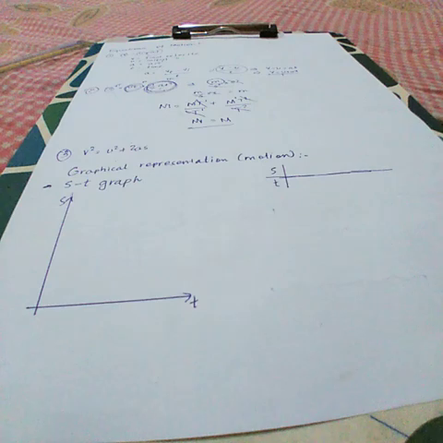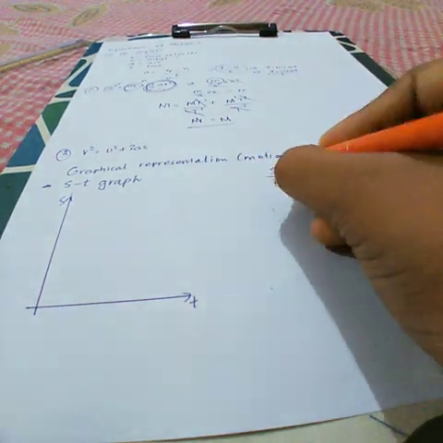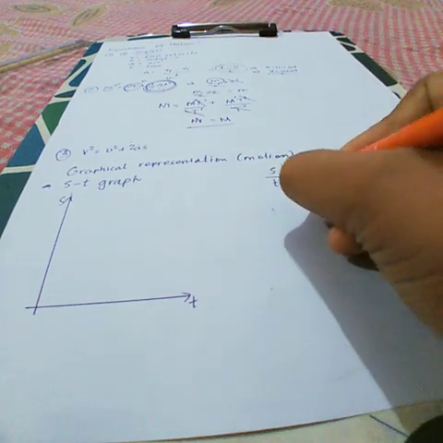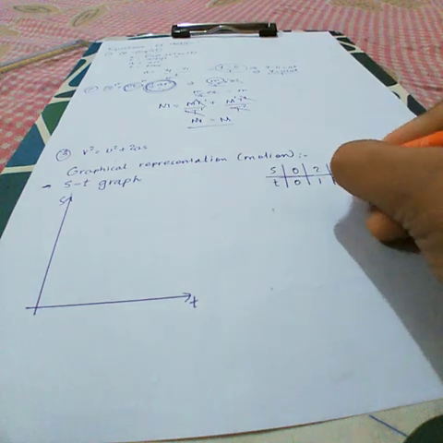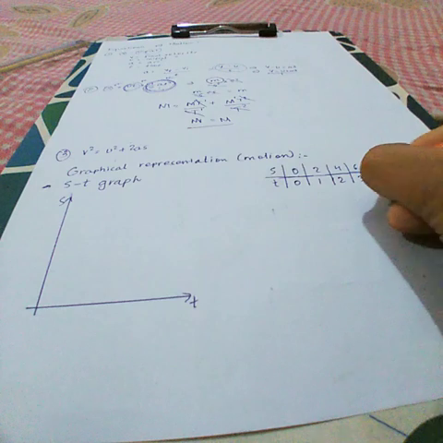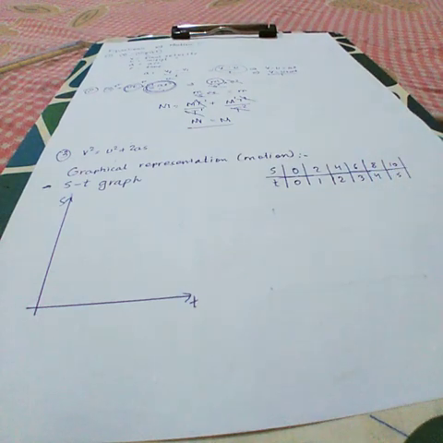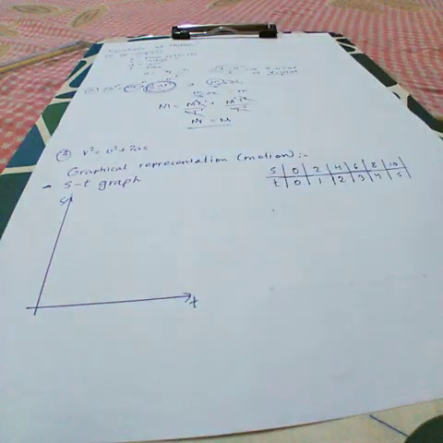Suppose it's given as, in 0 second it has covered 0, in 1 second 2. So this is the data given. So on this graph we can represent it.